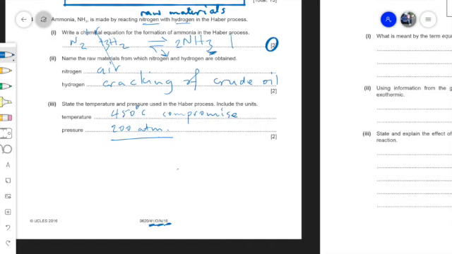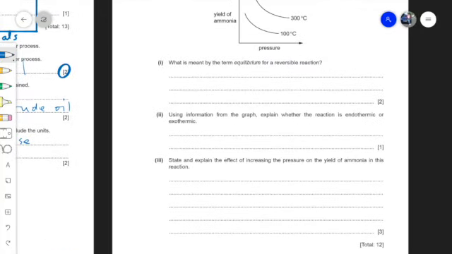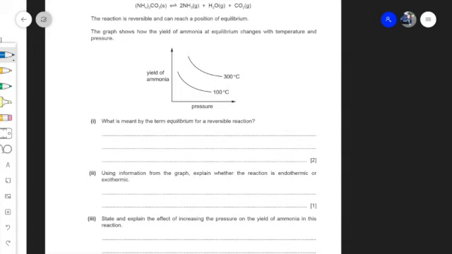Also, if we increase the pressure, remember that we have four moles in the reactants and 2 in the products, so a higher pressure will favor the forward reaction, thereby increasing our yield. Those are the 2 things. The last thing we want to talk about is the other question, so we want to look at this question.